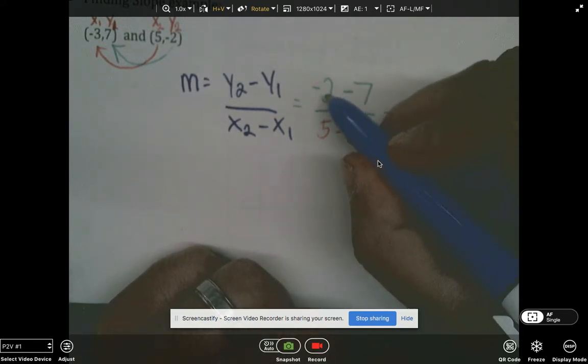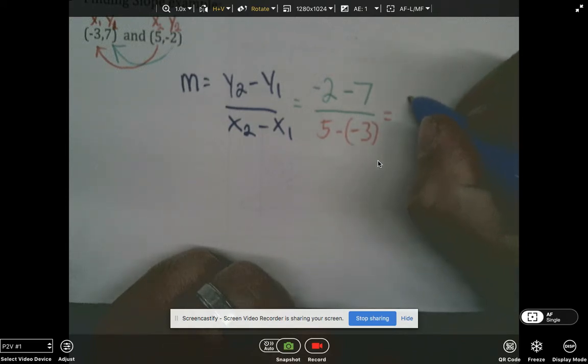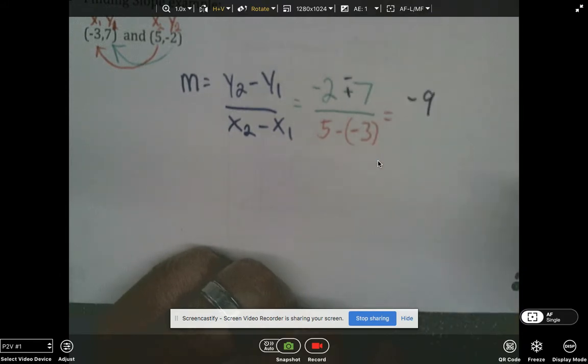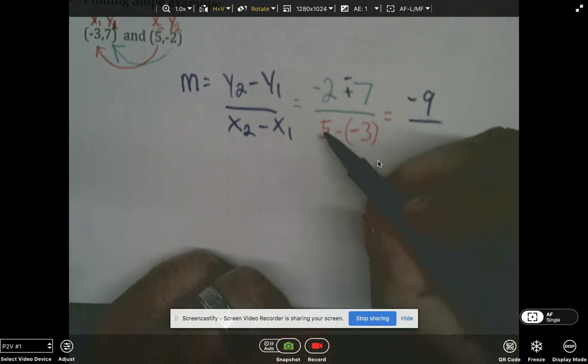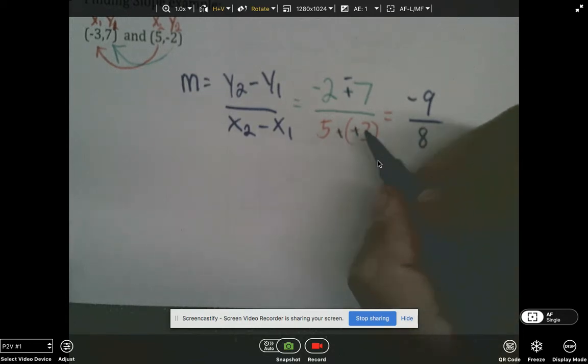So can anyone tell me what's negative 2 minus 7? Hopefully you said negative 9, because you have to change the sign, change to addition. And then how about here, 5 minus negative 3? That would be 8.